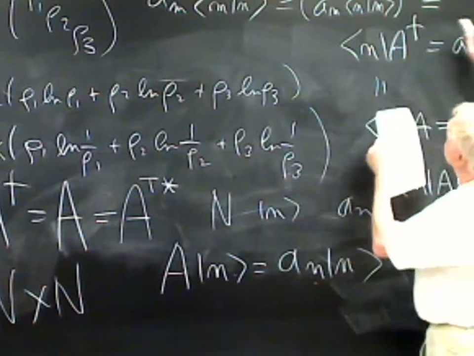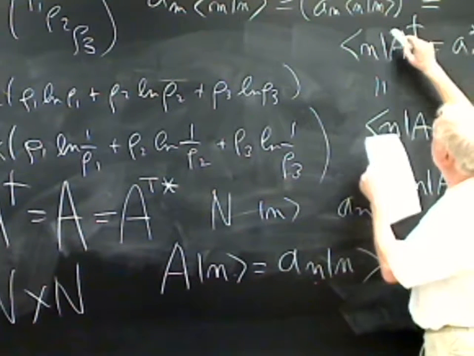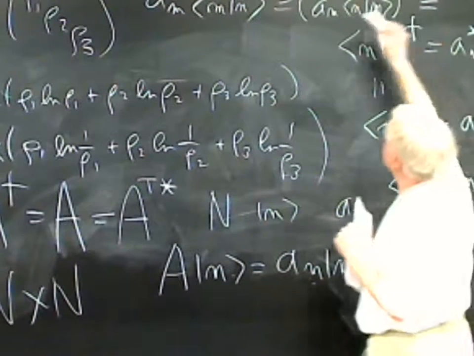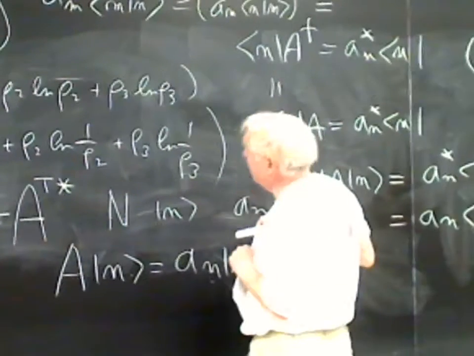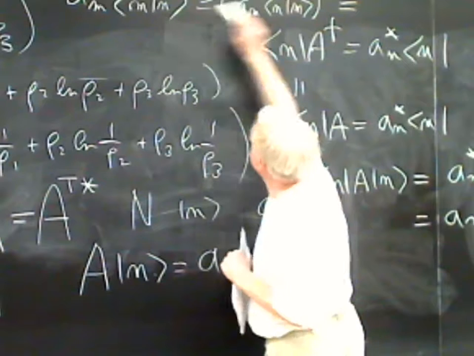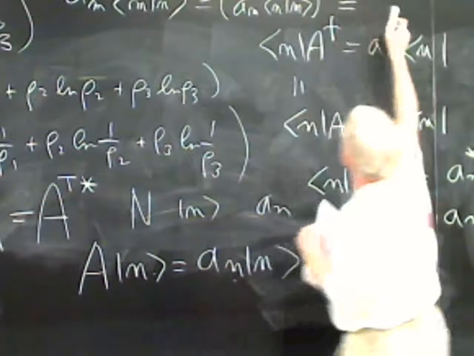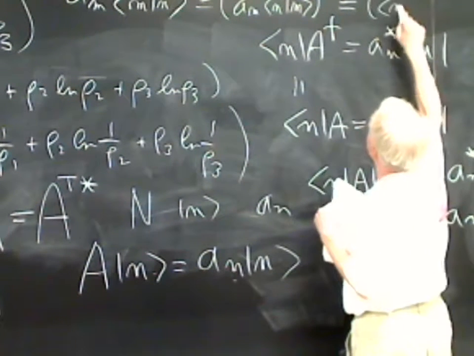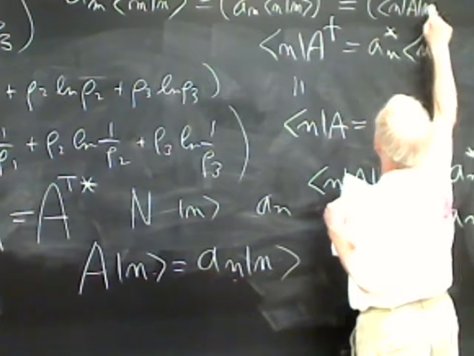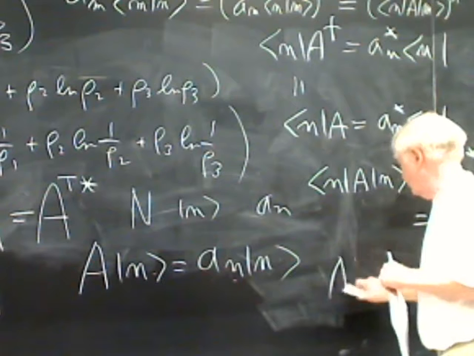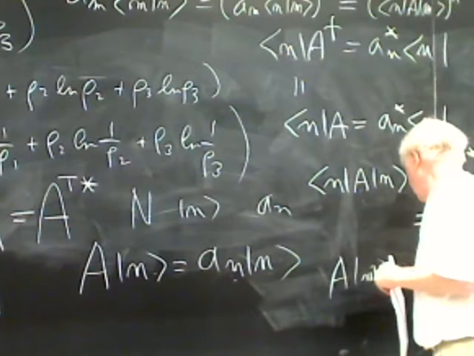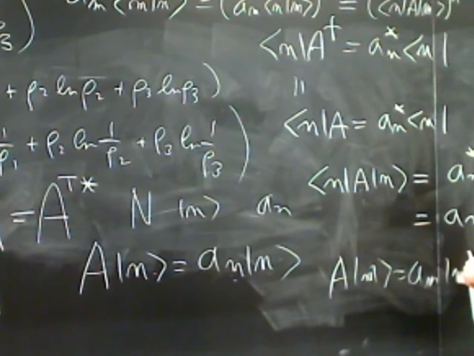And this a_m is, of course, an eigenvalue of A, the one for the state m, and consequently we can rewrite that as <n|A|m> complex conjugate, because we have A_mn.